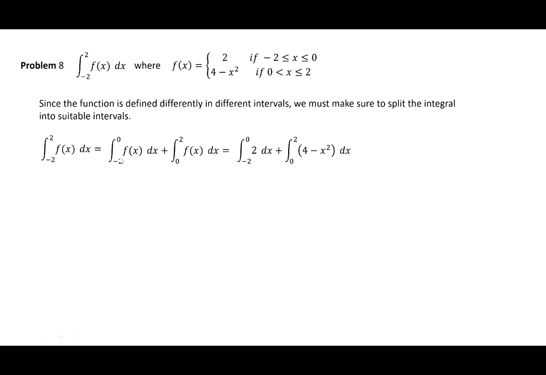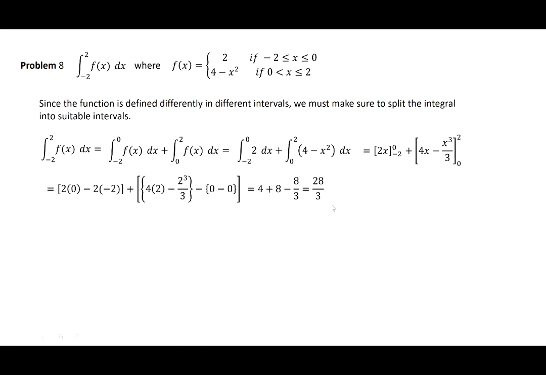In the interval -2 to 0, the function is defined as 2, and in 0 to 2 as 4 minus x squared. Now we'll evaluate this integral. Integral of 2 is 2x, going from -2 to 0, plus 4x minus x cubed over 3, and just a matter of plug and chug, it simplifies to 28 over 3. That's it.